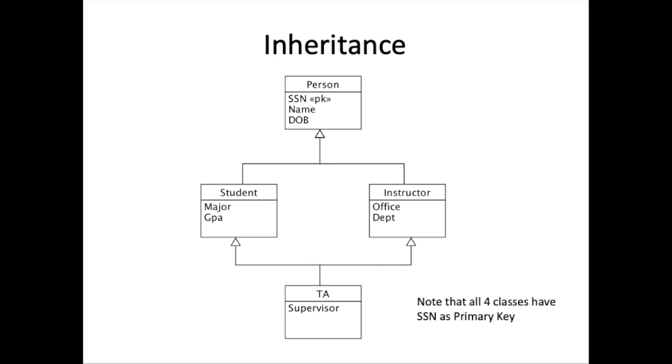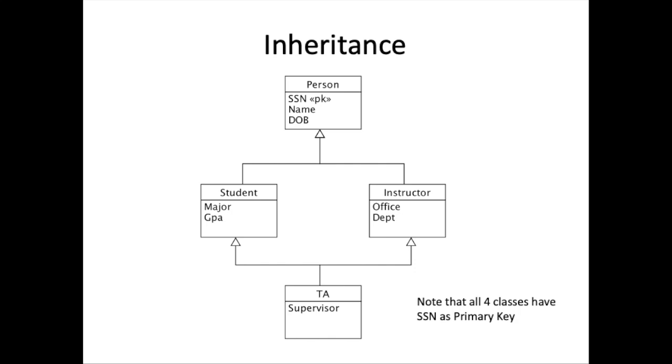So this idea of TAs inheriting from two different classes, you can do that in C++ and some other languages, but other languages you can't. But anyway, that's beside the point, because we're not going to be doing that anyway. We're going to be trying to figure out how to turn this into tables, not how to implement it in Java or C#, C++ or whatever.